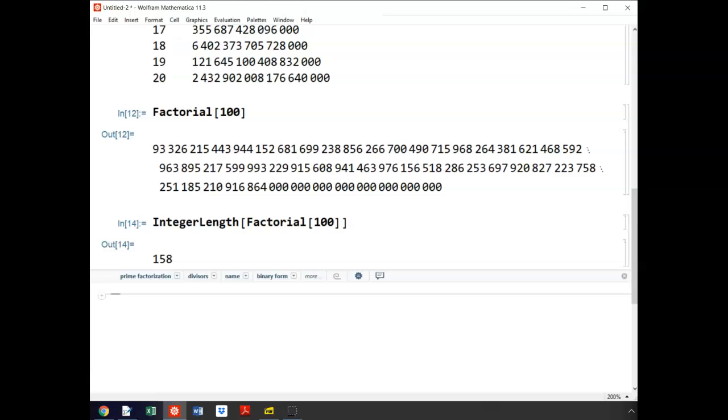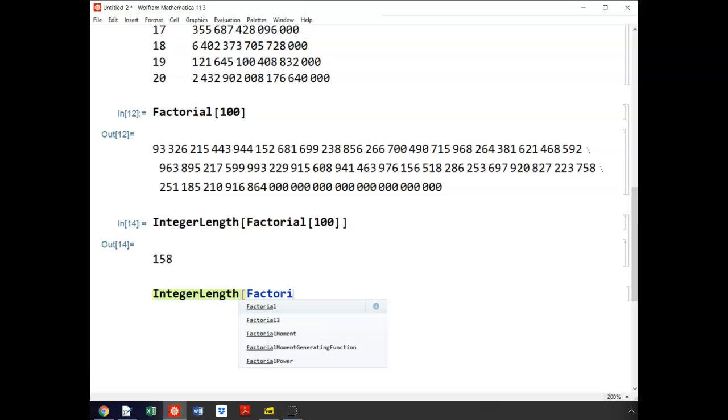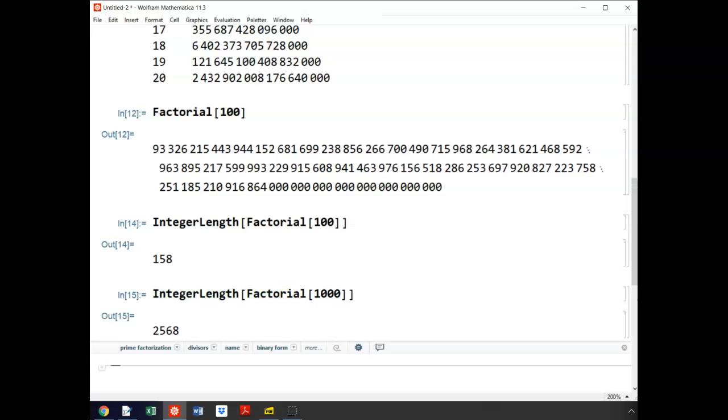That's a huge number. I mean, we see that already. Now let's go even just a little bit bigger, and let's do 1,000 factorial. So we're just going to find out what the length of it is. So there are 2,568 digits in 1,000 factorial. So factorials are really, really big numbers.